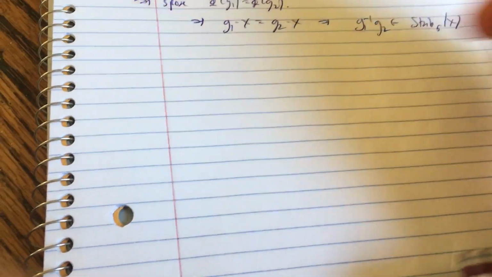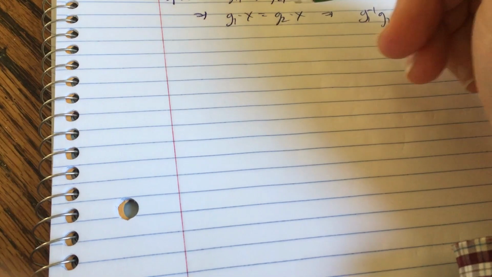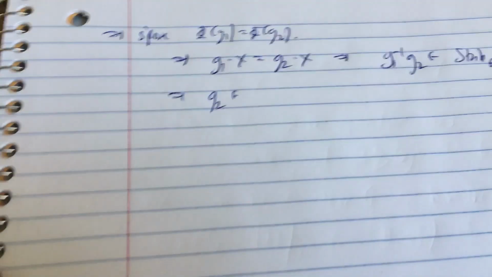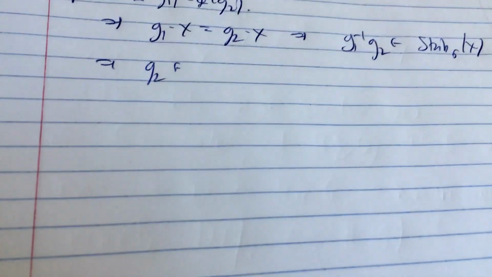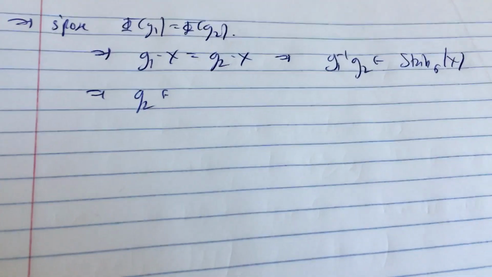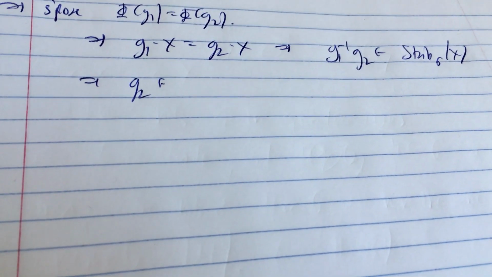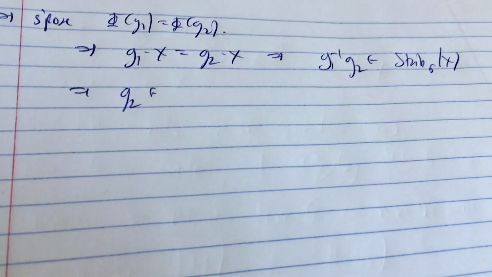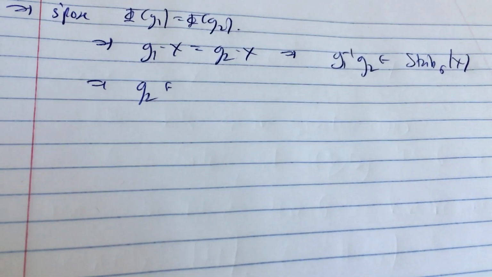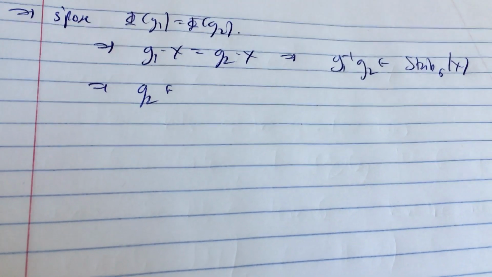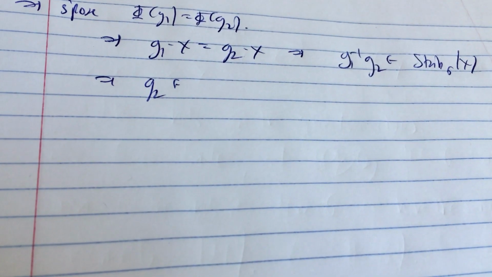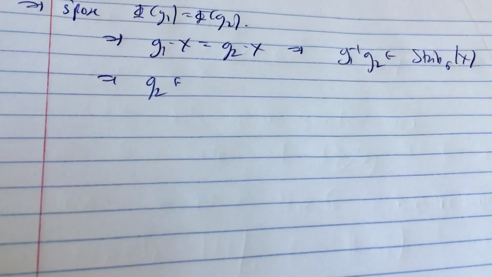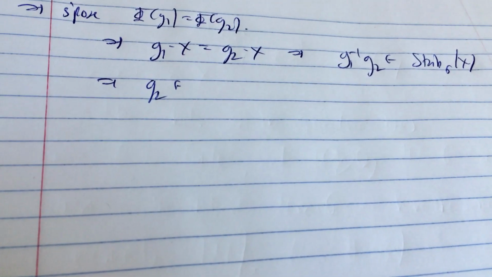Because if I left multiply by G1 inverse, then I get that G1 inverse G2 fixes X. But then this is the same as saying that G2 is in G1 times stab x.